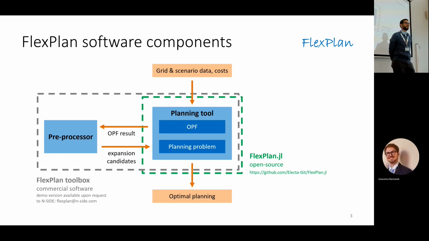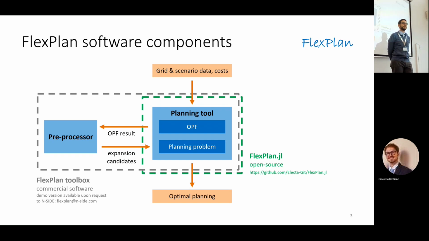Instead of passing a different set of operating conditions for renewables and demand, you can also pass a different grid topology for that scenario. This is meant for long-term planning, so we just include the amount of constraints that make the problem feasible.